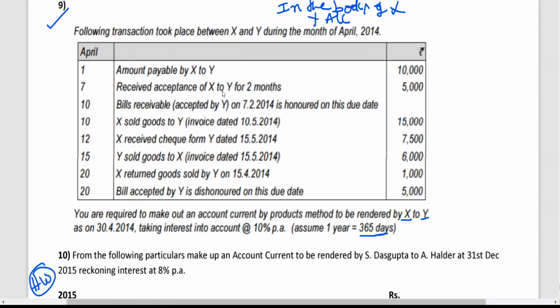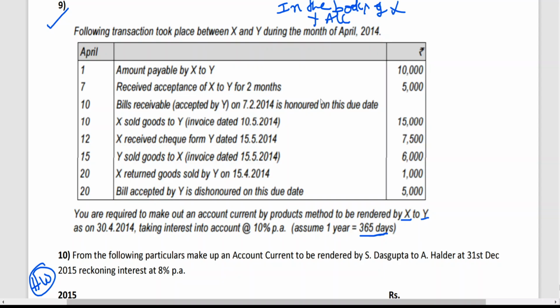Received acceptance of X to Y. That means who has drawn a bill? You tell me. That means who has accepted? X has accepted, so who has drawn a bill? Y has drawn a bill.